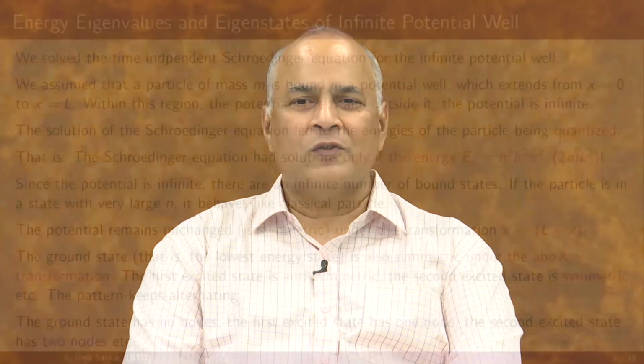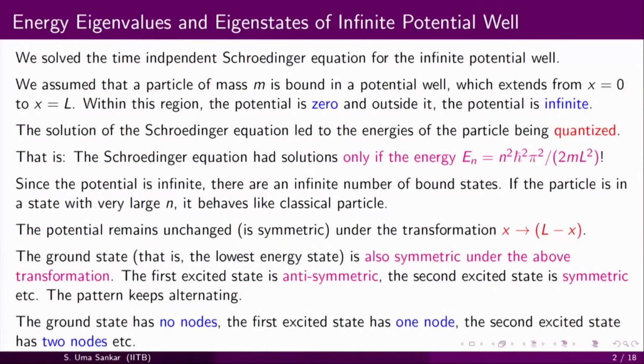Two classes ago, I discussed the problem of solving Schrodinger's equation for an infinite potential well. We considered a potential which extends from x equal to 0 to x equal to L, but outside this region the potential is infinite, while inside this region the potential is 0.